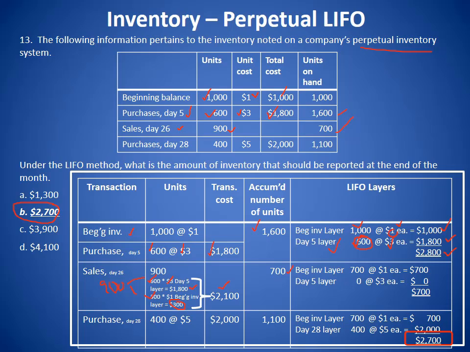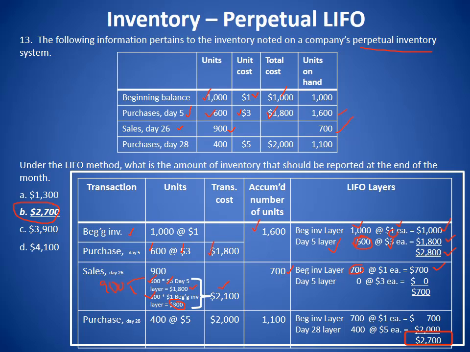Now if I want to value my inventory again, it's fairly simple. I start off with my beginning inventory layer, which now has 700 units left over instead of 1,000 because I had to use 300 of those units to cover the remainder of my 900 units. So now I have 700 units times $1 each.